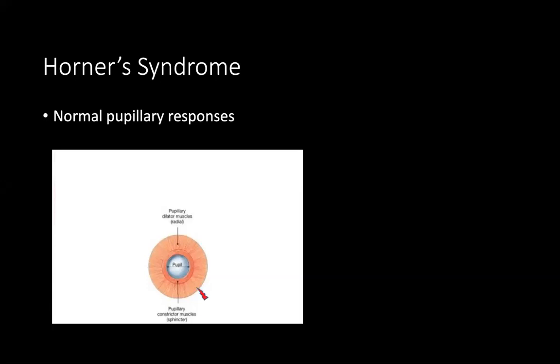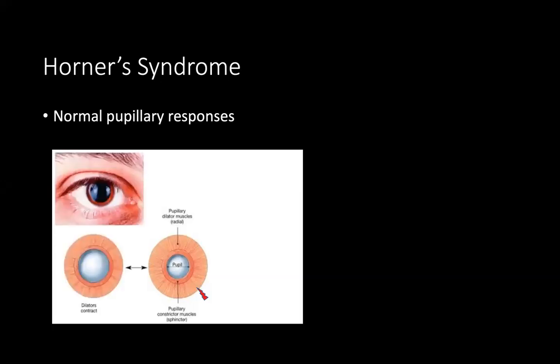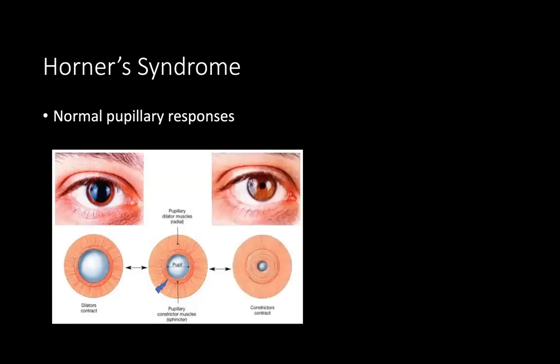A normal pupillary response activates the dilator muscle in low lighting conditions, and the pupil dilates. This is also what happens when you dilate a pupil in the office. Now, if you activate the sphincter muscle, the pupil gets smaller, right? That's what happens when you use things like pilocarpine.